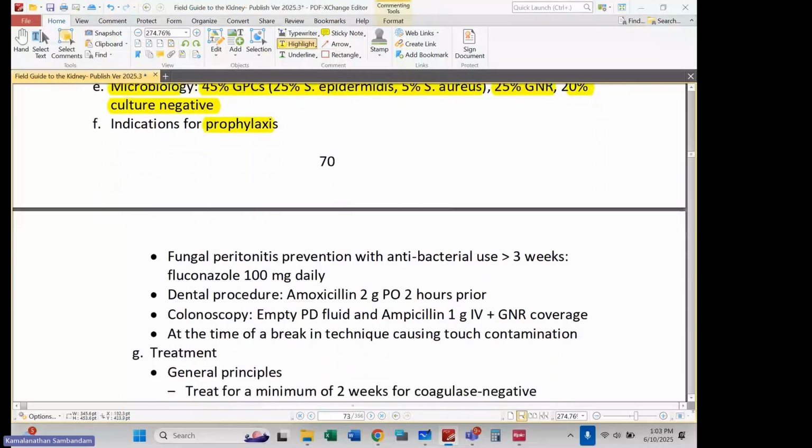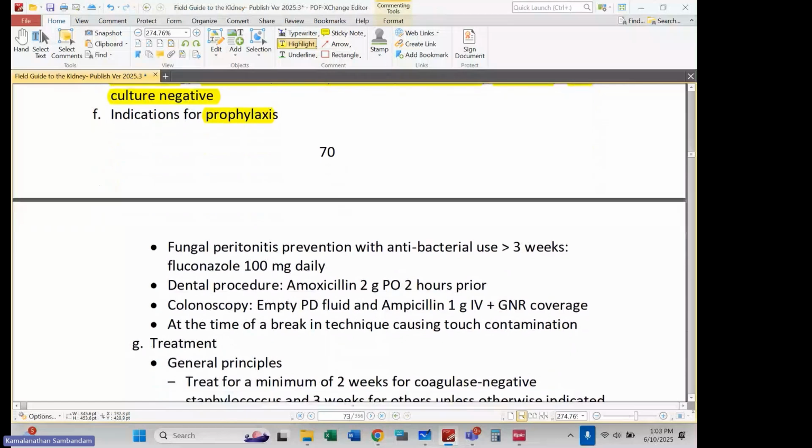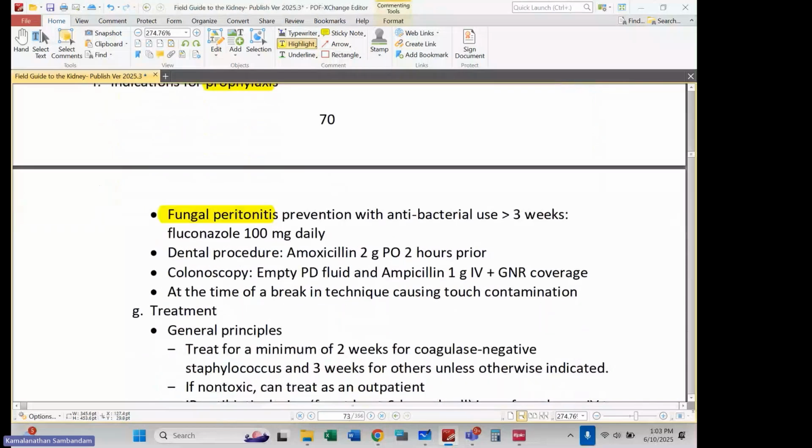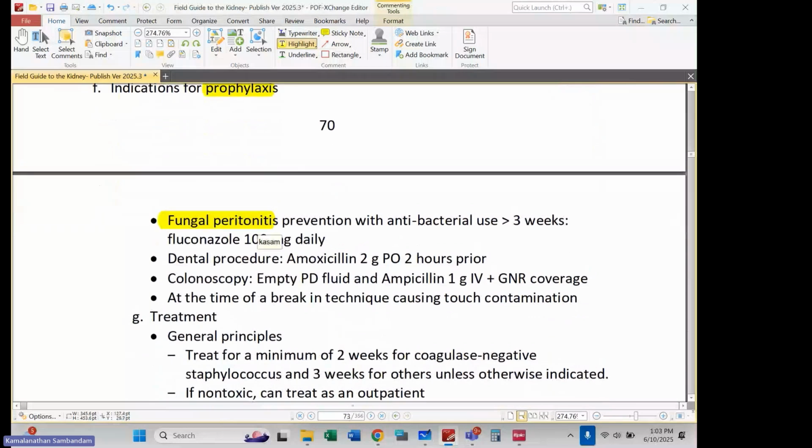Prophylaxis, where you'll potentially try to prevent peritonitis. Here are several indications for possibly using prophylactic measures. If I have a patient who's on prolonged antibiotics for osteomyelitis, for instance, you might add oral fluconazole for fungal peritonitis prevention.